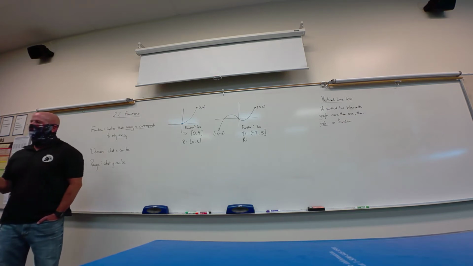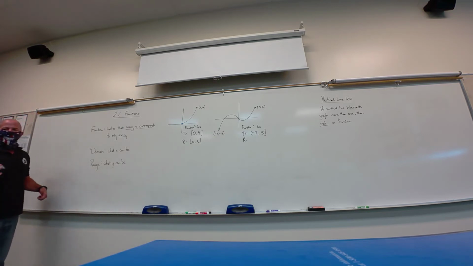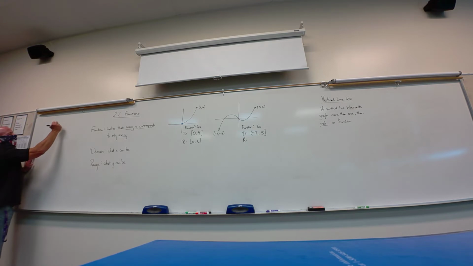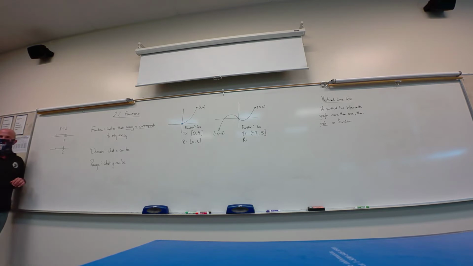Now, if that looks a little bit strange to you, if you're not used to that notation, here's something you have seen somewhere in the past. You should remember doing your old number line graphs. If I said x less than 2, I remember doing an open circle and coming back. Does that make sense? You can also do it with a parenthesis coming back.